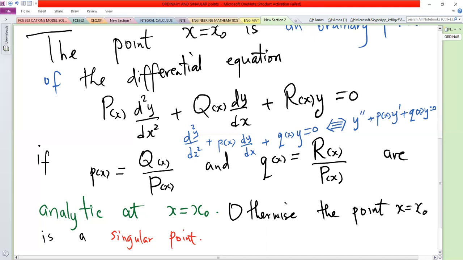Then if small p of x and small q of x are both analytic at x naught, then that point is called an ordinary point.